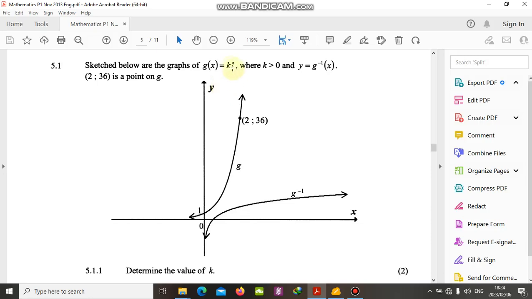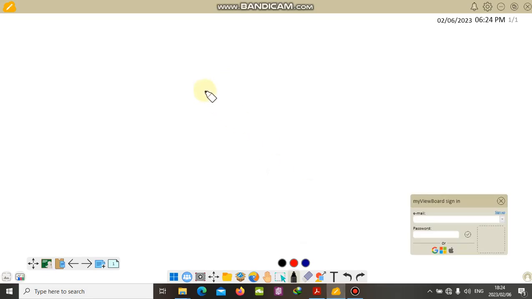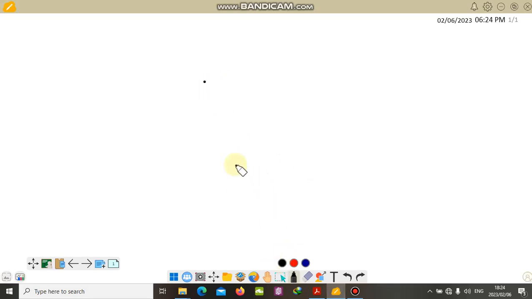On the statement, guys, we need to remember that when we were doing exponents, when we introduced exponential graphs, we were using y is equal to, just allow me to write here. We were saying y is equal to a to the power of x.